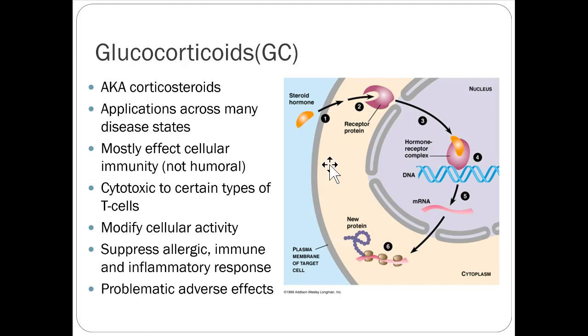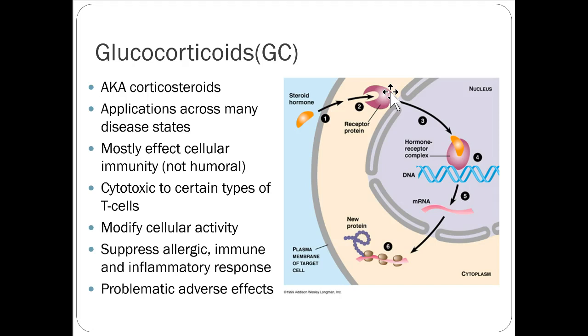Now, with drugs, we can mimic the endogenous steroid and make it maybe more potent so that it attaches more readily to a broader group of cells and suppresses the immune system a little bit better. There's a lot of allergic and inflammatory responses too. So when we're talking about immune system response, I think it's easy to think about, well, immune system, allergic, inflammatory, it's all sort of related.